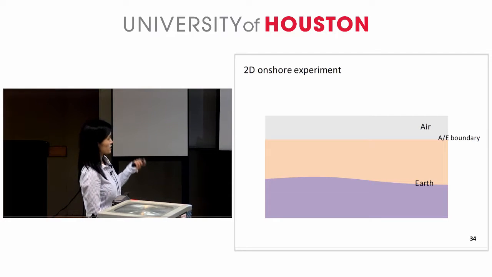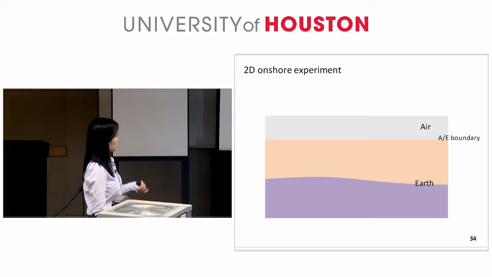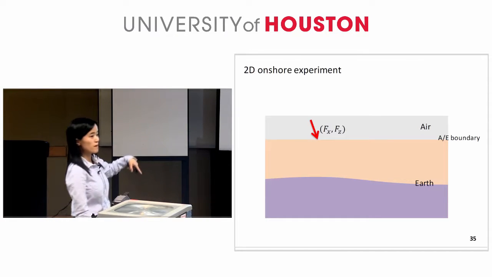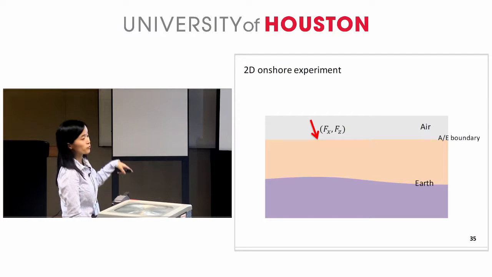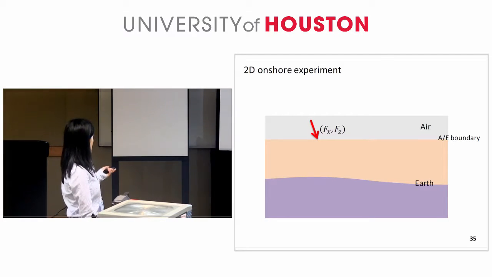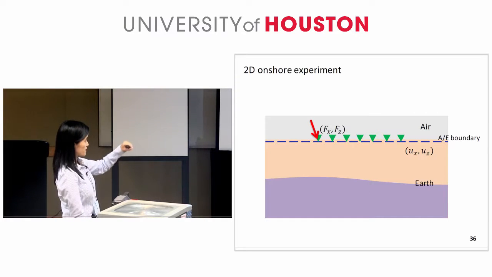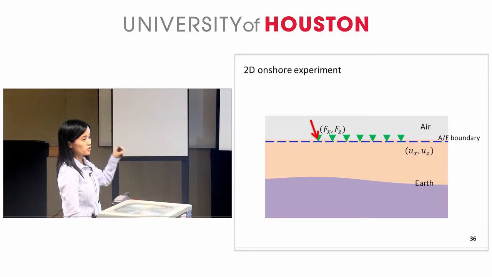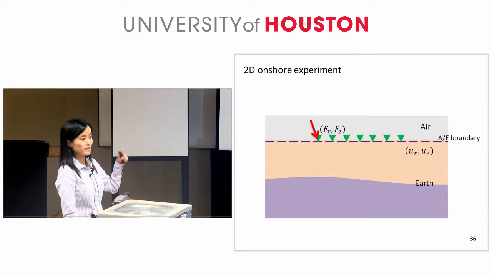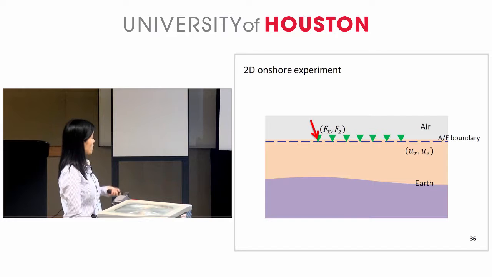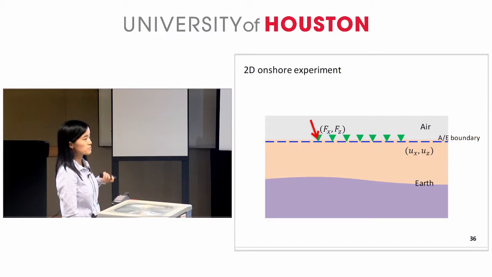You have the Earth layers with heterogeneity marked with different colors. And the source is a force vector acting on the air-Earth boundary like a vibroseis. And the receivers highlighted by these green triangles are slightly below the air-Earth boundary, and they measure the Earth particles' vibration along different directions in the form of a multi-component displacement.